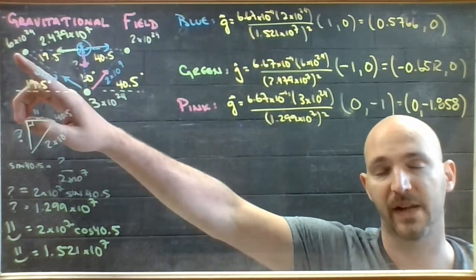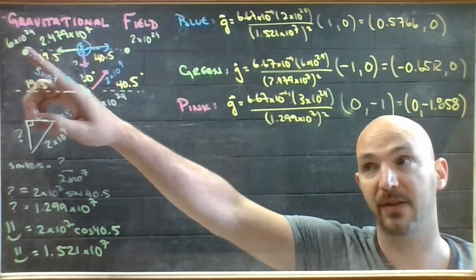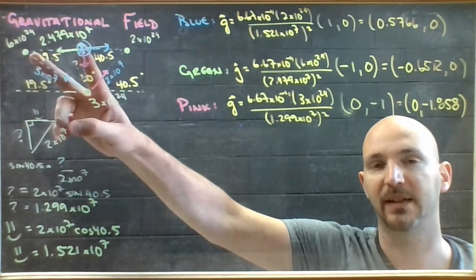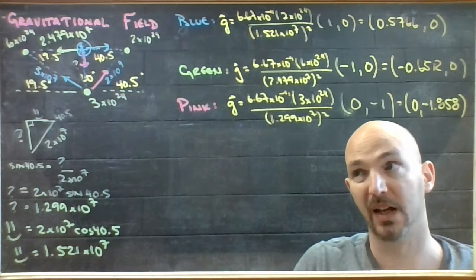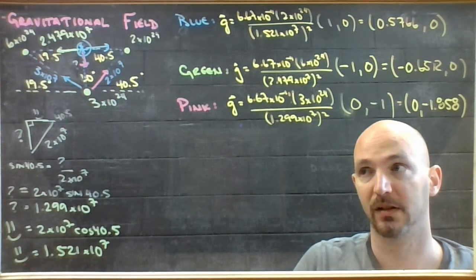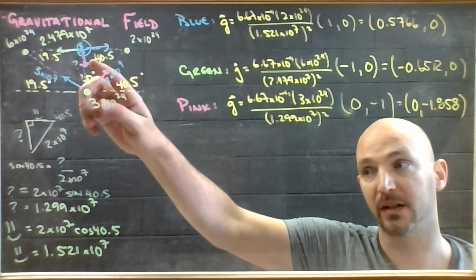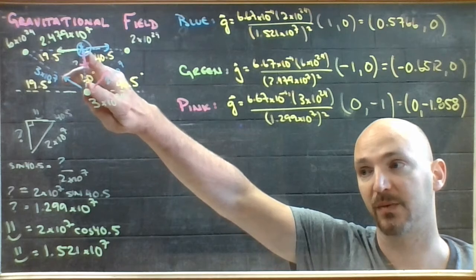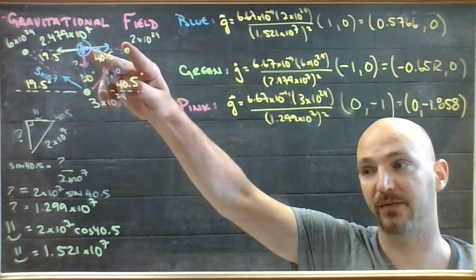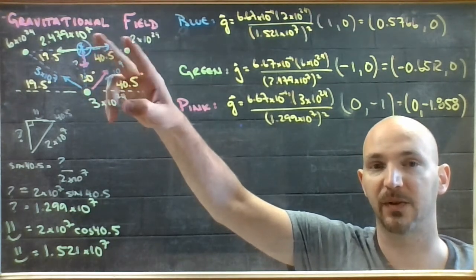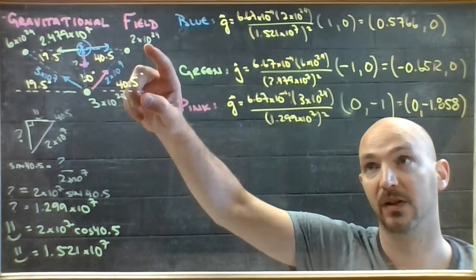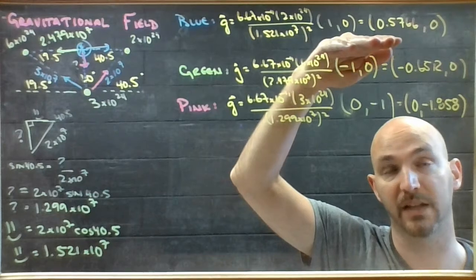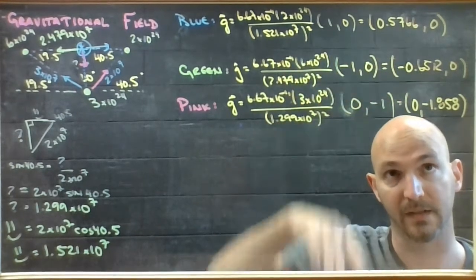So despite the fact that this thing is twice as heavy as this is, the fact that it is also twice as far away makes its gravitational field half as strong. Let's think about that. This one over here, the distance, this was 1.29, this was 1.52, so this one's a little bit further away, and it's considerably less massive. So the field here is less than the one that's here.